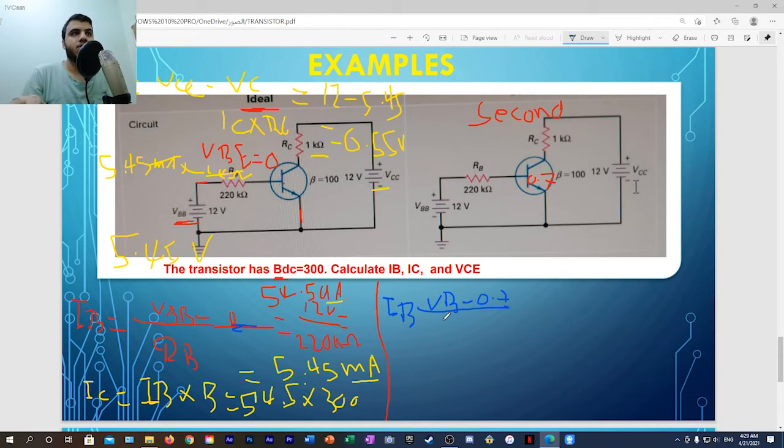Over RB. 12 minus 0.7 is 11.3. RB is 200 kilo. So the answer will be 51.4 microampere.